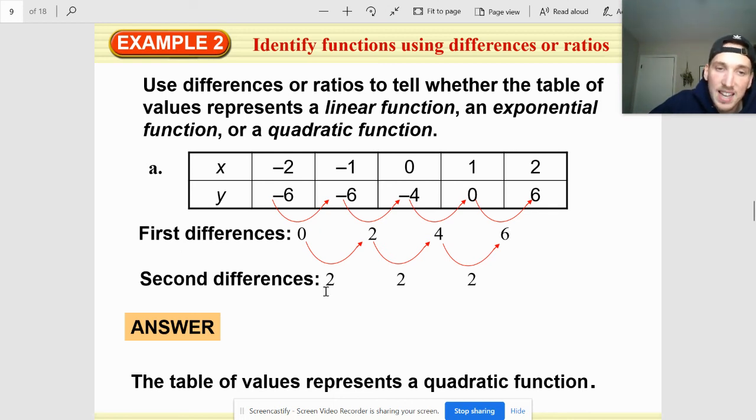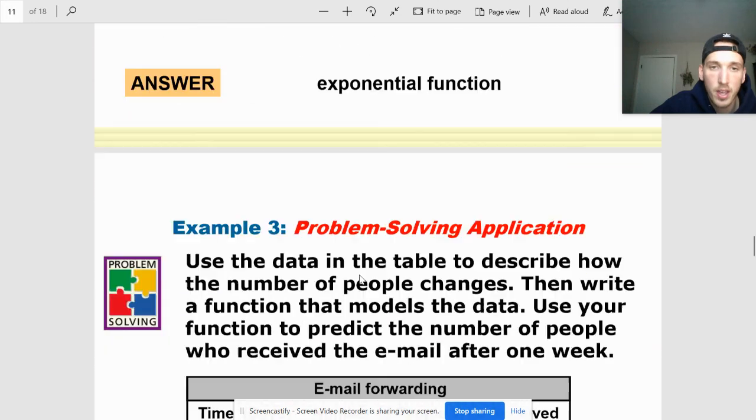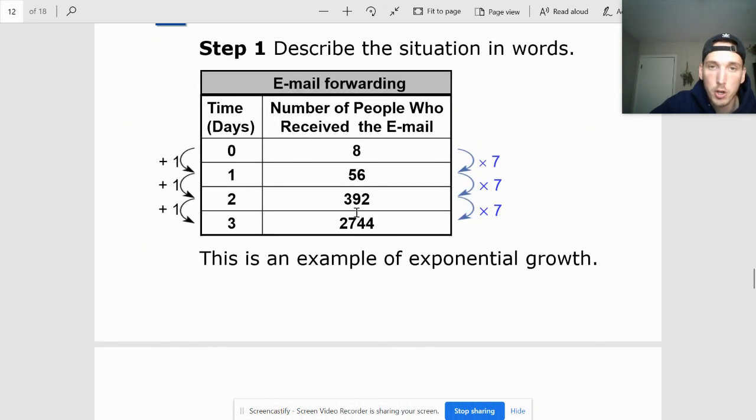When we found the second difference, meaning how these numbers are changing, they're going up by 2 each time. When the second difference is constant, that gives you a quadratic function. And finally, an exponential function is where you're multiplying by the same amount each time to get from one y value to the other.